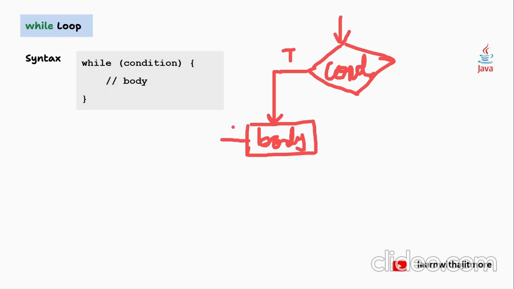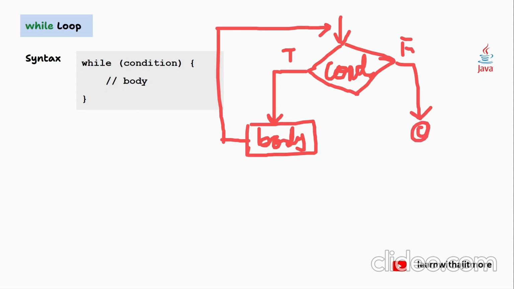And after that, it will again come back to check the condition. And if the condition is false, it will directly continue with the remaining code. Whatever is the first statement after that while loop, the control will come directly there.